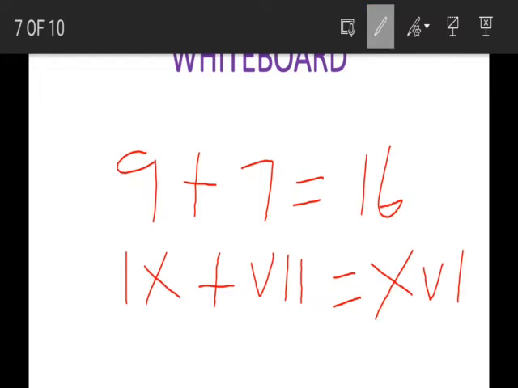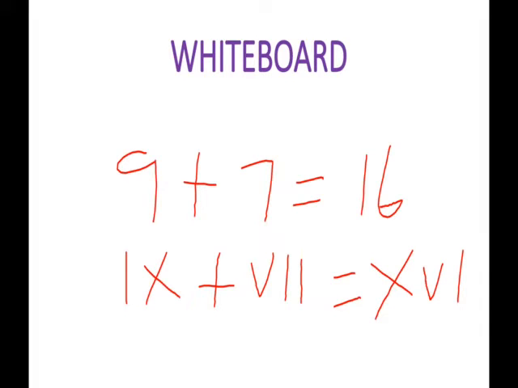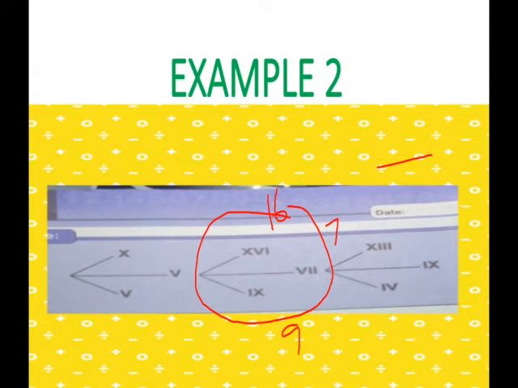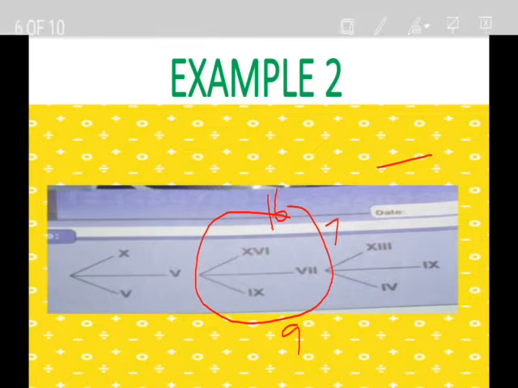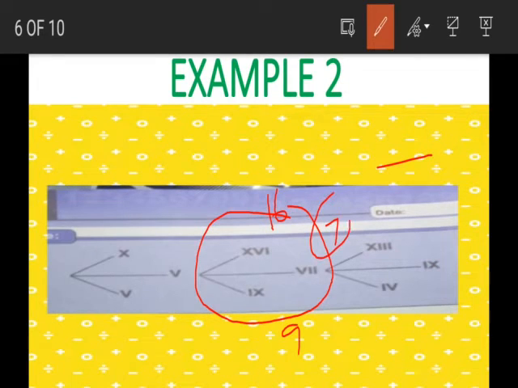As simple as that. Okay, assuming 7 was not given, how do you get your 7? What you simply do is 16 minus 9. That will give you your 7.